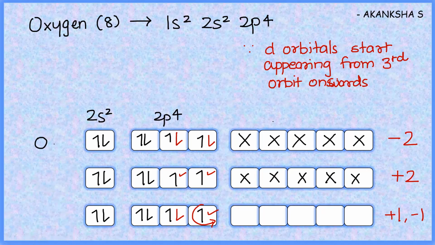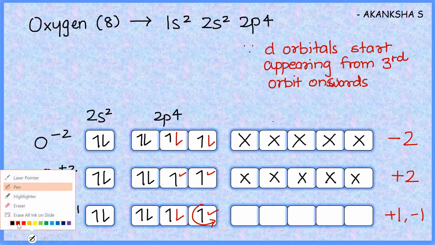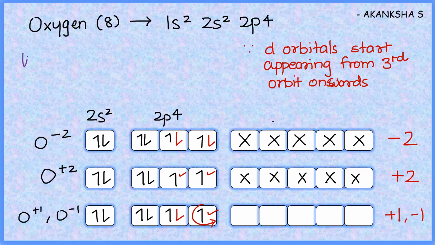Okay, so now try to relate it with something given in your textbook. Why does oxygen show only 4 oxidation states, whereas others show plenty? Why are +4 and +6 not valid for oxygen? What can be a good question? Why are O +4 and O +6 not possible?